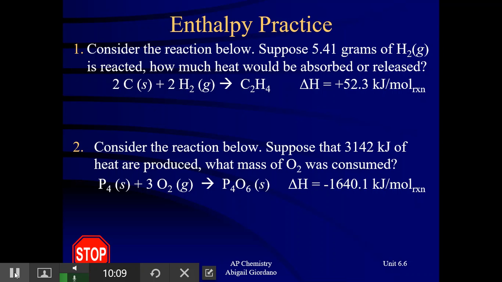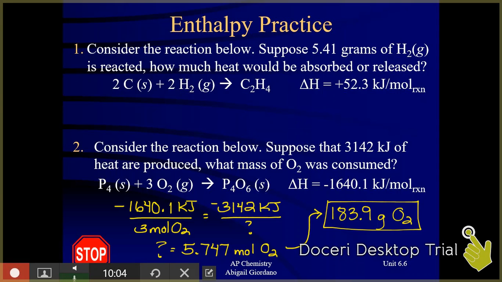Now, number 2 was just slightly different in that instead of being given a new mass or a new number of moles of oxygen, this time we were given a new heat value. Okay, but I'm going to set it up the same. So I'm going to show you my work here.